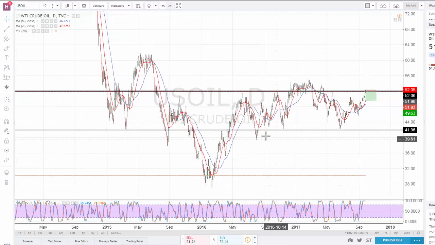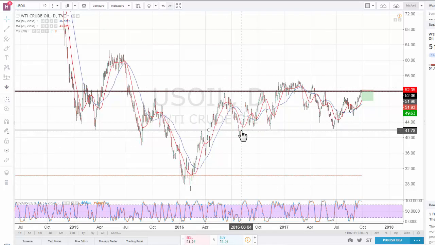So I have these two main lines here. This is my support and this is my resistance, and these lines have been tested at least 3 times each, for years, since the beginning of 2016, or actually 2015. Every time we touch this line, it sends the price all the way down to this support line, and when it touches the support line, it sends it all the way up to the resistance, and so on and so forth.